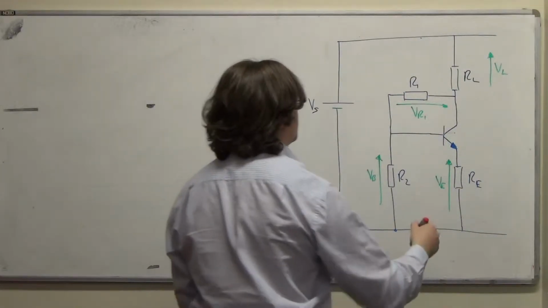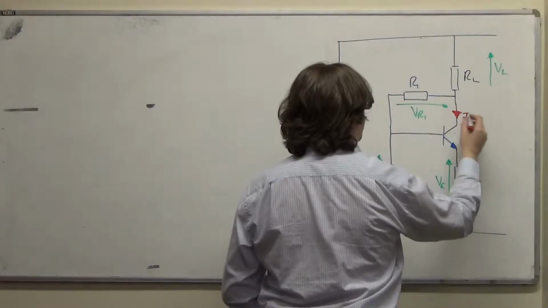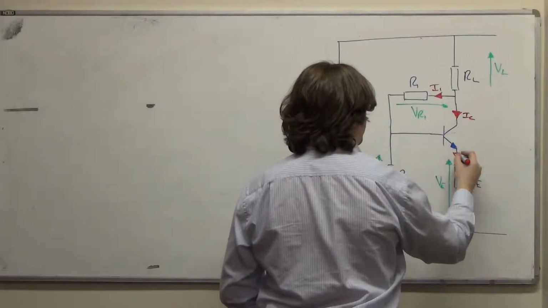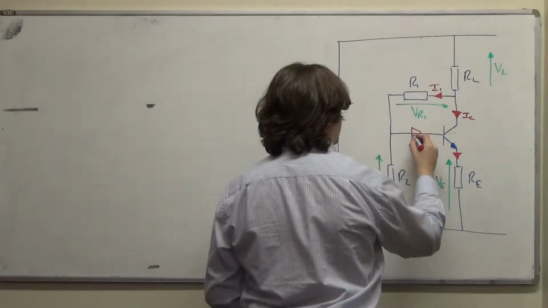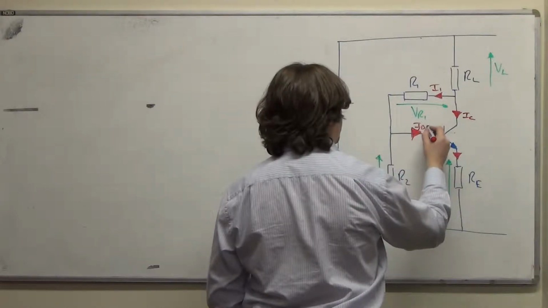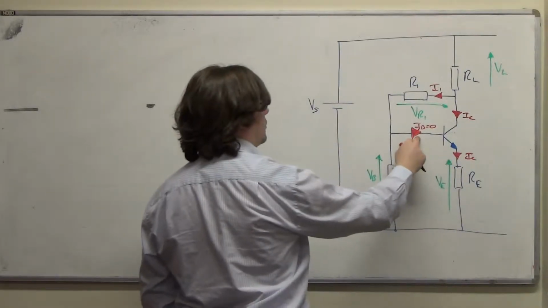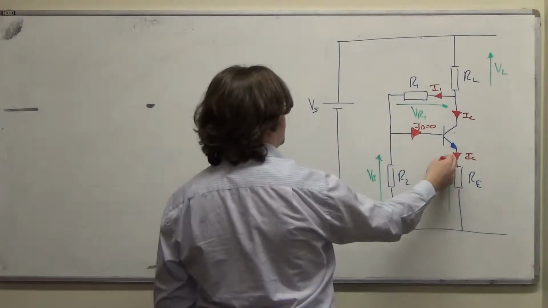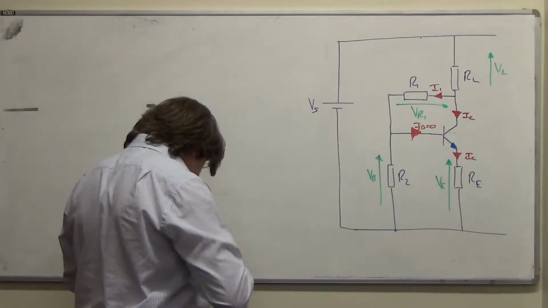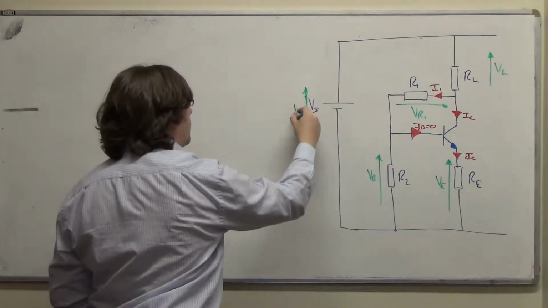And we can also say that there'll be a collector current here, which is IC, and a current that flows in this resistor called I1, and a current here which is IB, and this is equal to 0, so this must be IC as well, because IE is equal to IB plus IC, IB is 0, therefore IE equals IC. And of course, we know that that's VS.